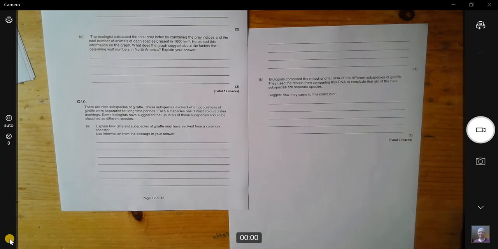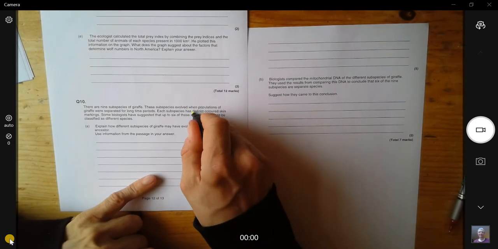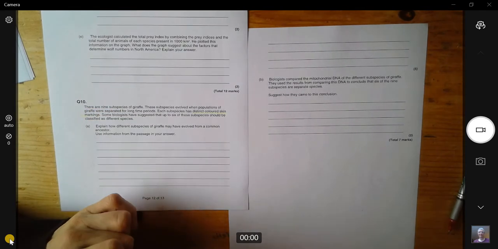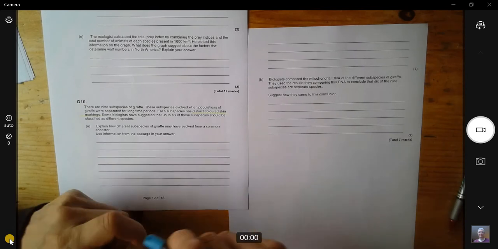These subspecies evolved when populations of giraffe were separated for long time periods, and each has a distinct coloured skin marking. So giraffes all look a bit different. And some biologists have suggested up to 6 of these are possibly now different species.